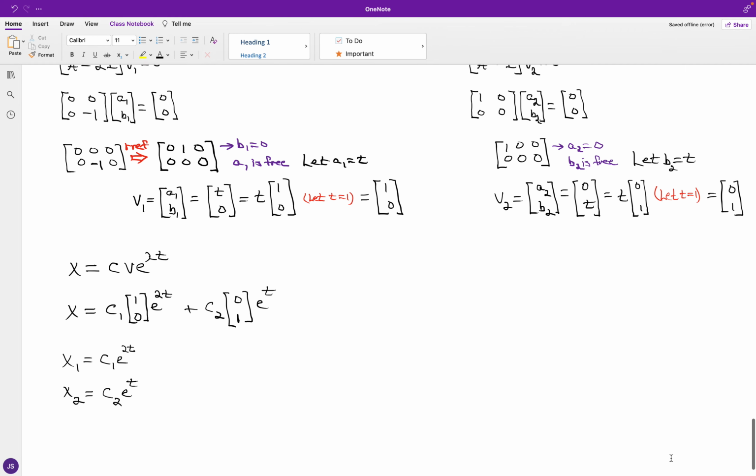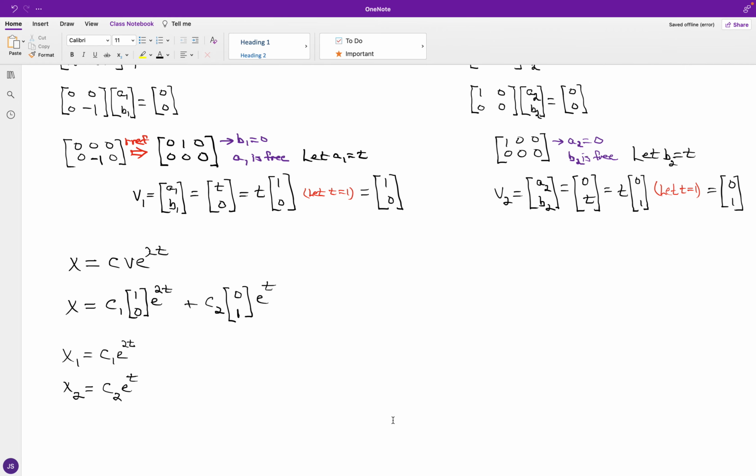Carrying over to arriving at the solution set, we have c sub 1 times the first basis, in this case 1, 0, times e to the 2t, plus c sub 2 times the second basis, 0, 1, times e to the t.